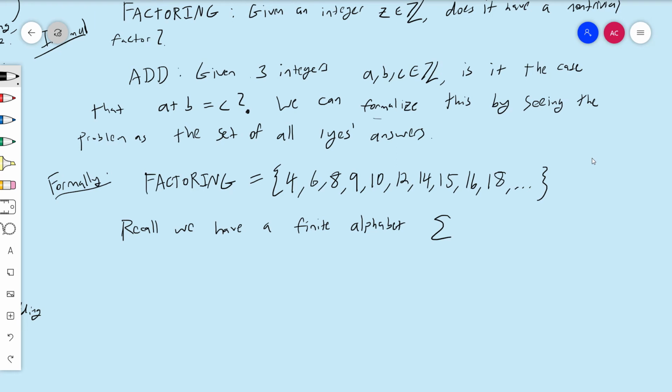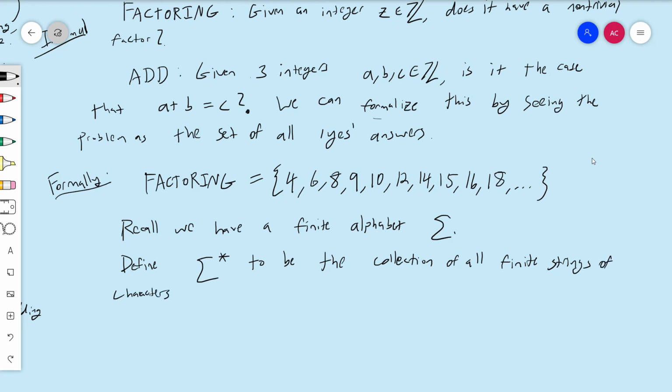What I'm going to define here is sigma star to be the collection of all finite strings of characters from sigma.